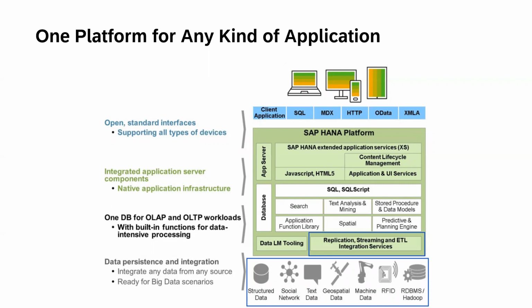ETL means, for example, you have a source system, for example, your Oracle database. In that Oracle database, you have some tables. What you can do is pull the data from those tables. You can source the data from that Oracle database into your HANA database. So it has already provided you this ETL tool. With this ETL tool, you can create a connection and give a source database, Oracle database. You can give the tables, okay, these are the source tables, and you can also do a mapping with the target table.